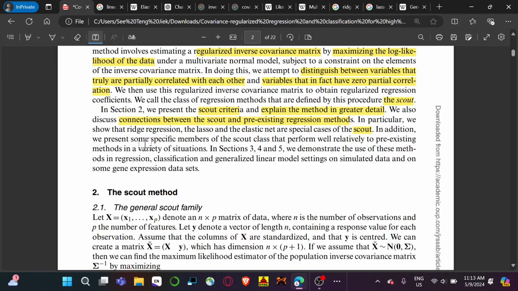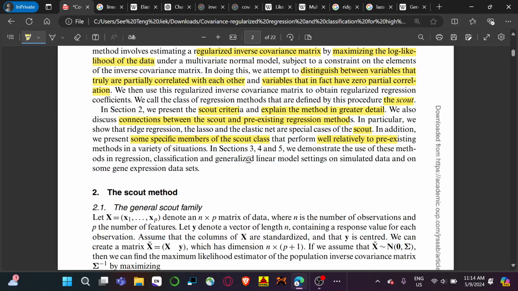In addition, we present some specific members, right? So they have some new methods that can be derived from the general formula that perform well relative to existing approaches. When they say perform well relatively, I would say they perform similarly in some sense, but not like a big improvement.